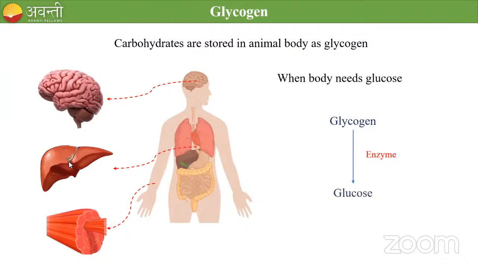Glycogen is a kind of storage. So when your body needs glucose, the enzyme will break down the glycogen molecules into glucose, and the glucose will be useful for doing actions and work. Clear? This is all about glycogen.